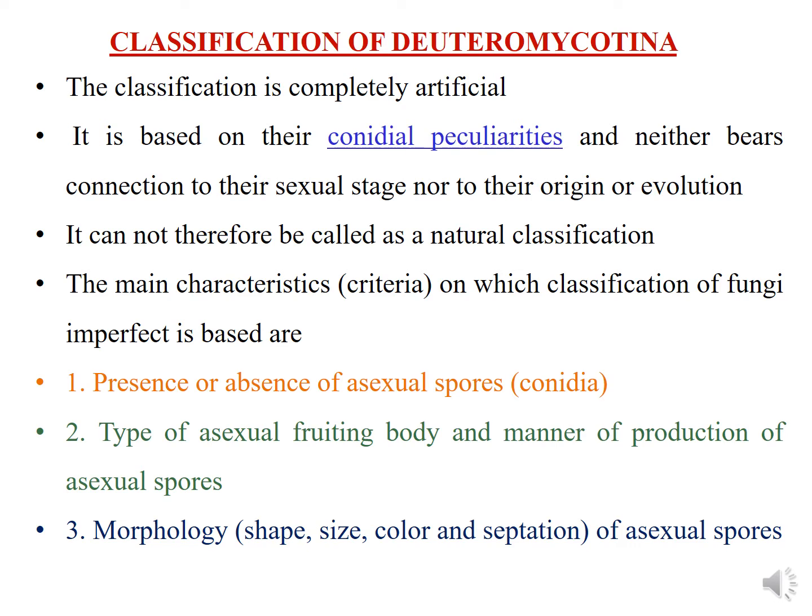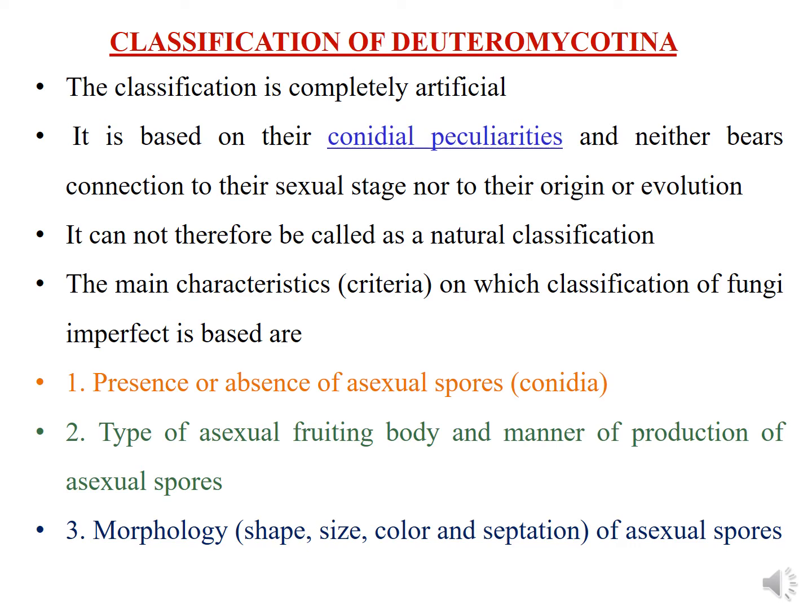So in this lecture we will see the various classifications available under the Deuteromycotina. This classification is completely artificial and based only on conidial peculiarities, as there is no sexual reproduction. The entire classification is based on the type of conidia and how they are produced, and it cannot therefore be called a natural classification. Already I told that it is an artificial classification.